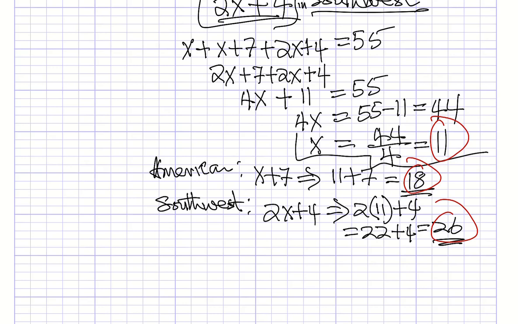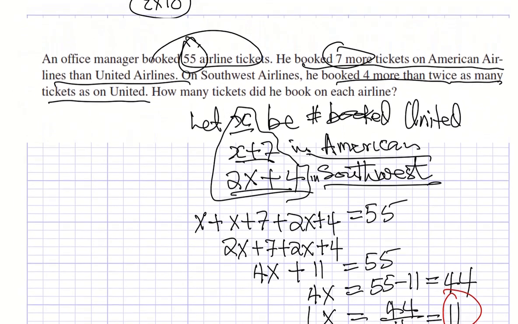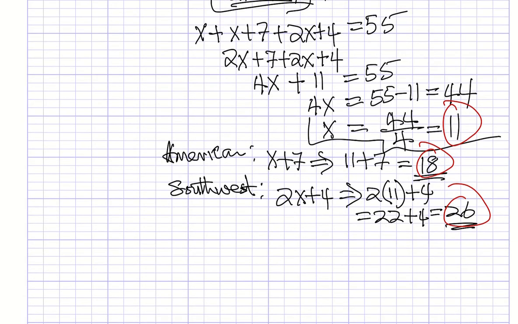Let me see. Just give me a minute. That's all that is saying. Because if you look at the way things broke down, 11 tickets in United, 18 in American, 26 in Southwest. If you add all those, how many did he start with? 55.